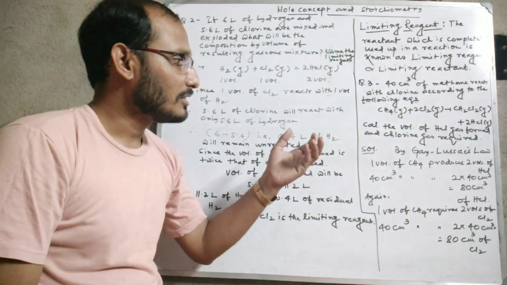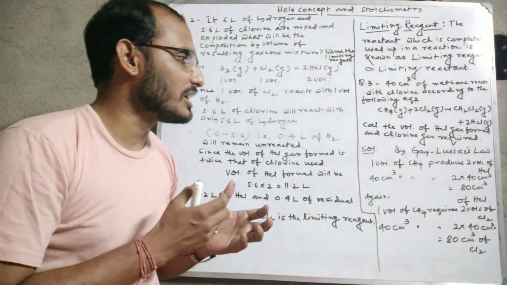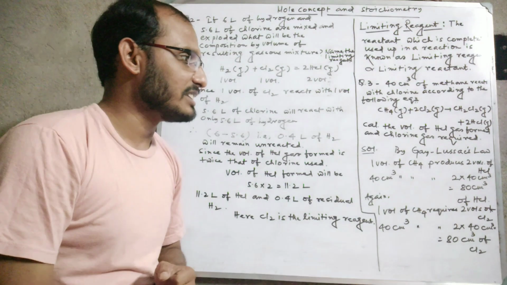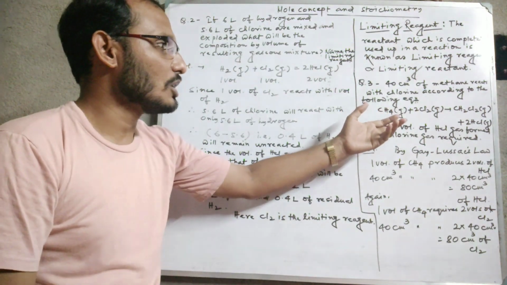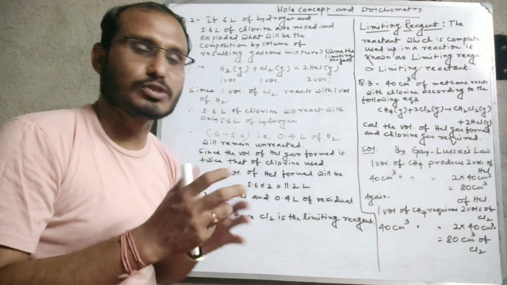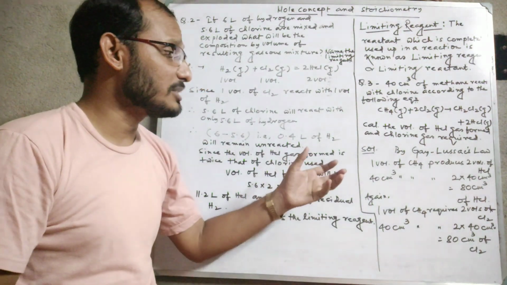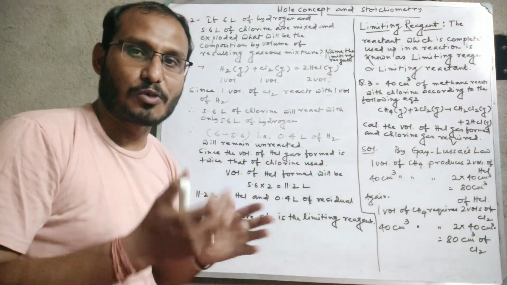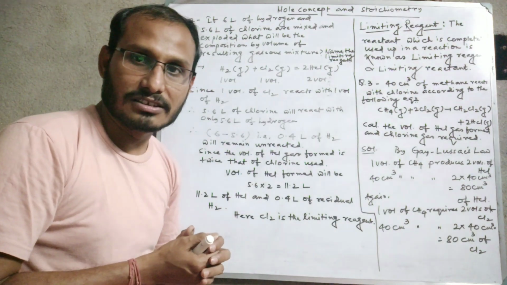By Gay-Lussac's law, from the chemical equation, 1 volume of methane produces 2 volumes of HCl. So 40 cc of methane produces 2 into 40, that is 80 cc of HCl.